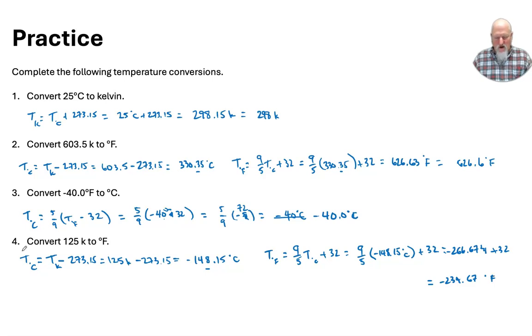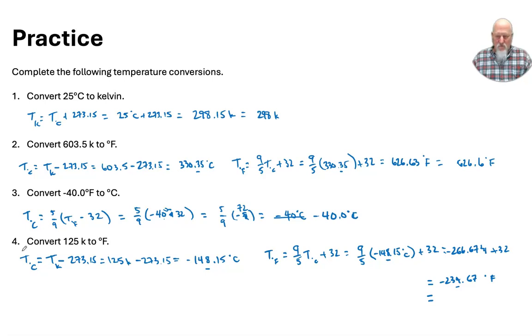But we're not going to leave a decimal because remember at 148 we should have stopped at 148.15. We ran out of significant figures at the 8. So that means 3 significant figures. So my answer should have 3 significant figures. So I should stop at the ones position. Negative 234.67.